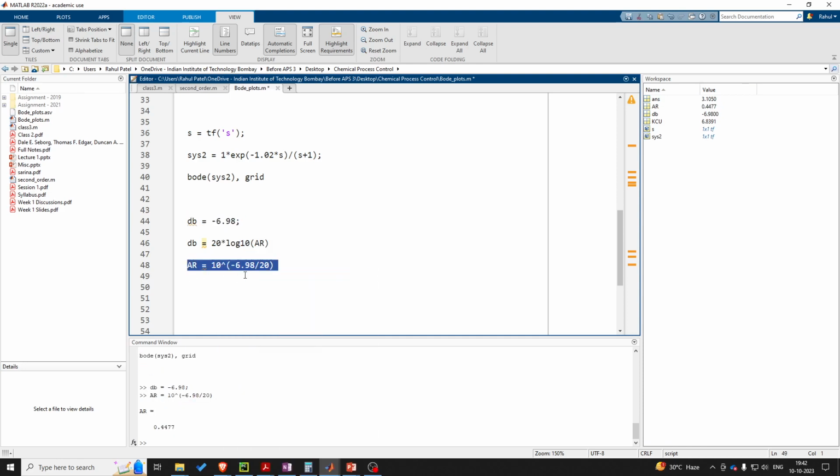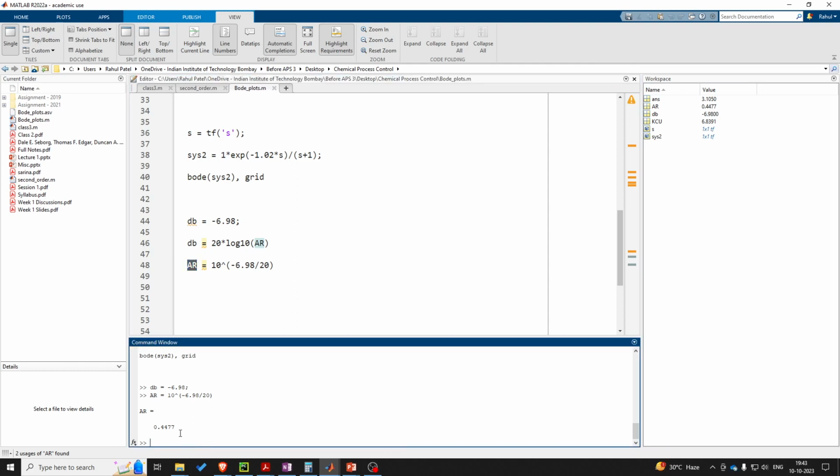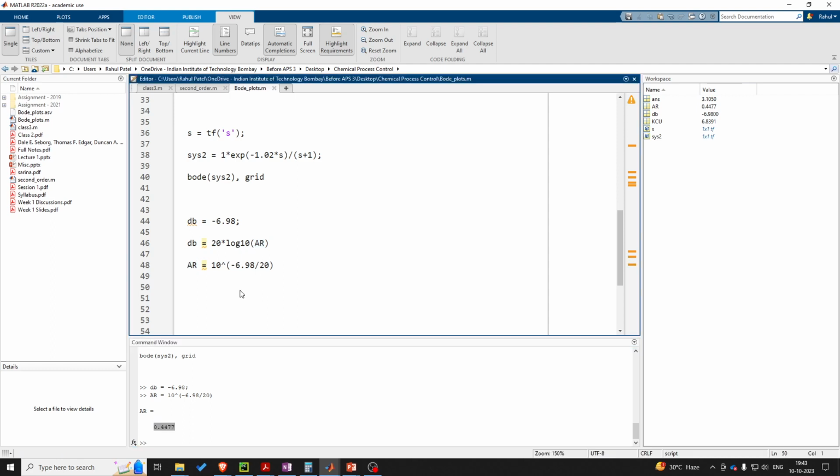So this will give us the amplitude ratio. So the amplitude ratio comes around 0.447. Now you also know that the ultimate gain, that is Ku, will be 1 upon the amplitude ratio.